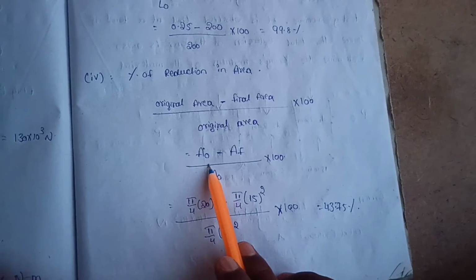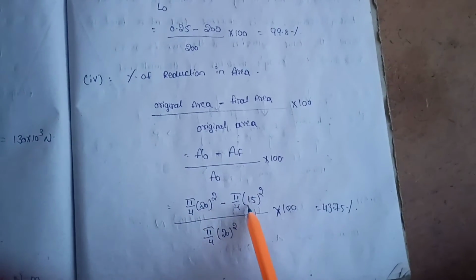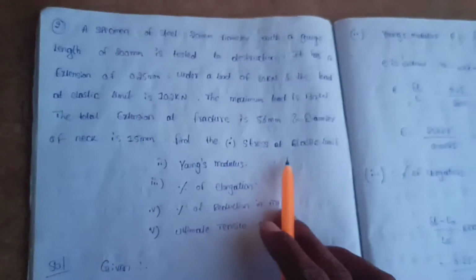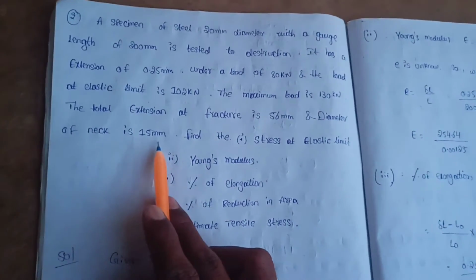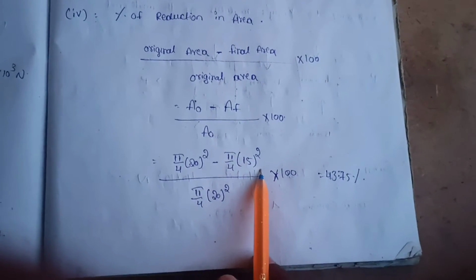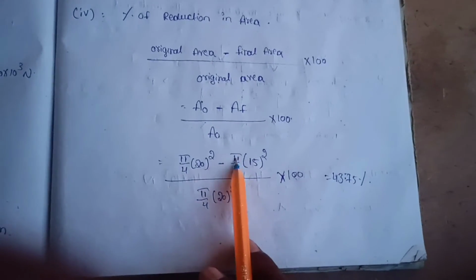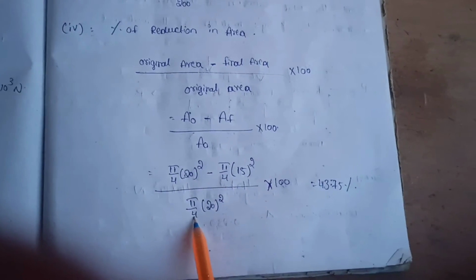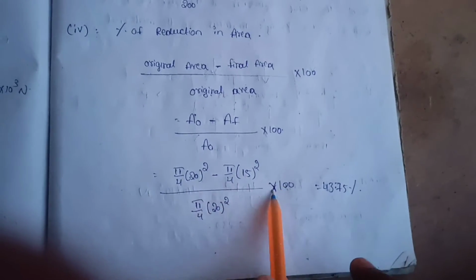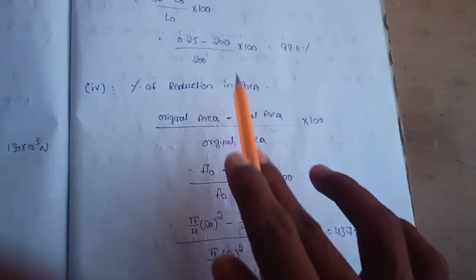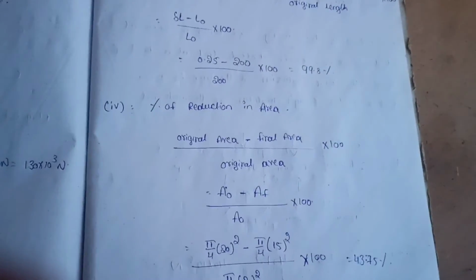So pi by 4 into d square, original area we know is 20, and pi by 4 into final area after the neck. See here, the diameter of the neck is 15 mm. That neck is called the final area, final diameter. Pi by 4 into neck diameter 15 square by original area, pi by 4 into d square, into 100. So we get 43.75% of reduction in area. This much reduction we have.